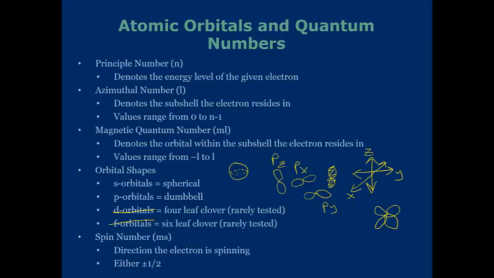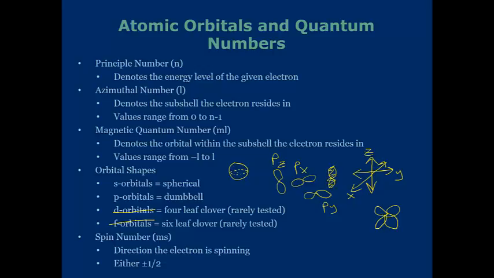A good way to keep all these straight, so there's N, L, ML, and MS, is to think about an apartment complex that has duplexes. So if this apartment complex has multiple floors, the floor that the room is on is going to be noted by N. The room is going to be noted by L, so the room on the floor.